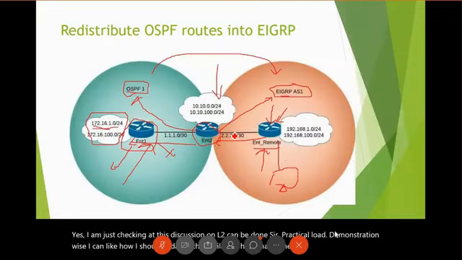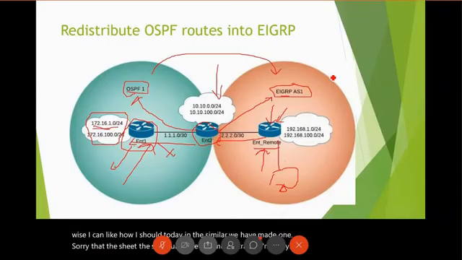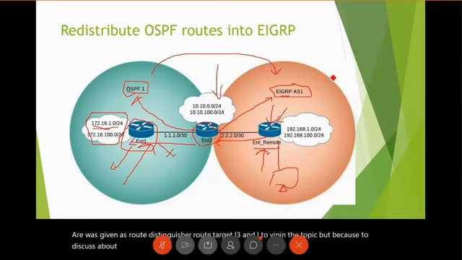Sorry, yeah. The schedule sheet for me for traffic was given as route distinguisher, route target, L3 and L2 VPN. That's the topic. But to discuss route distinguisher and route target individually hardly takes a few minutes, so I'm going to include that in the configuration of L3 MPLS VPN.